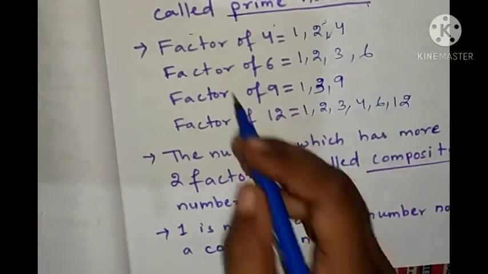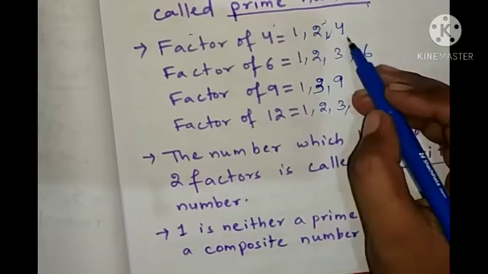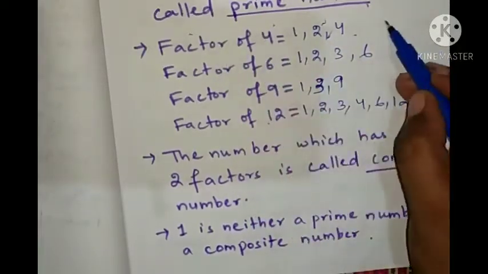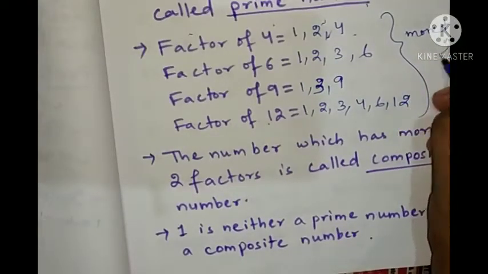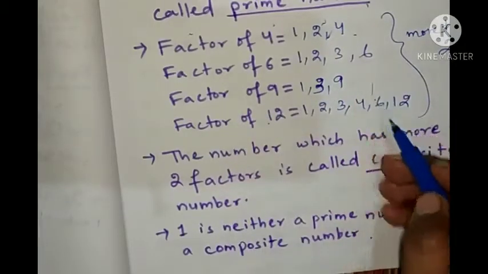So look here. Factor of 4, factor of 6, factor of 9, factor of 12. These have more than 2 factors. All these numbers have more than 2 factors.